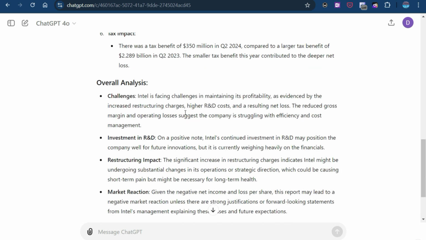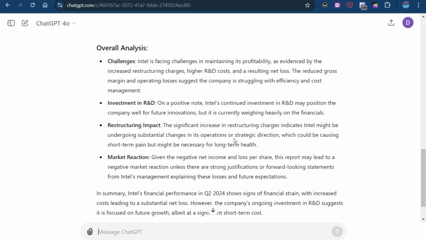So it tells me the challenges. Intel is facing challenges in maintaining its profitability, as evidenced by the increased restructuring charges, higher R&D, and resulting net losses. On a positive note, its continued investment in R&D may position the company well for future innovations, but it's currently weighing heavily on its financials. The significant increase in restructuring indicates it might be undergoing substantial changes in its operation, which obviously it is.